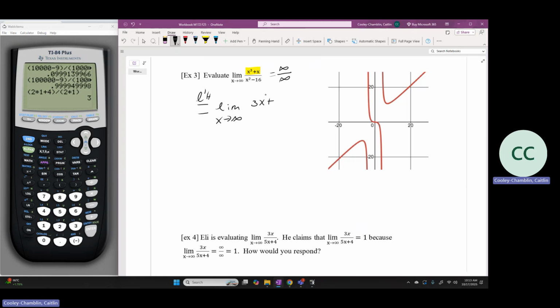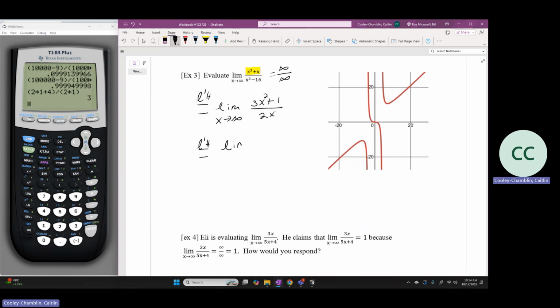So use L'Hopital's, and we get the limit as x approaches infinity, take the derivative of the top, which is 3x squared plus 1 over 2x. Now, if I plug infinity into this, I get infinity on the top divided by infinity on the bottom. This is still infinity over infinity. So I'm going to use L'Hopital's again.